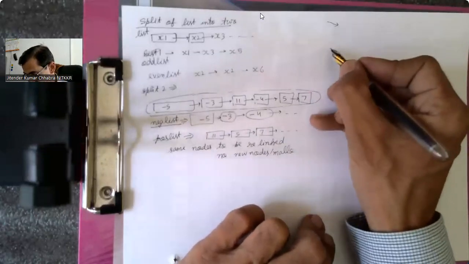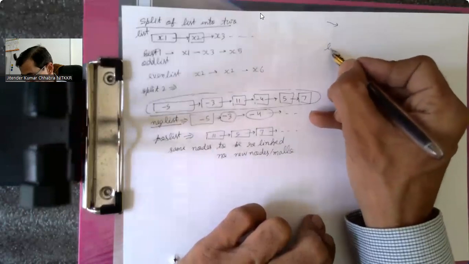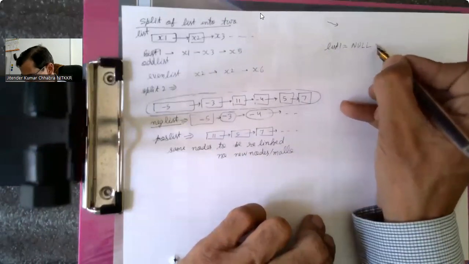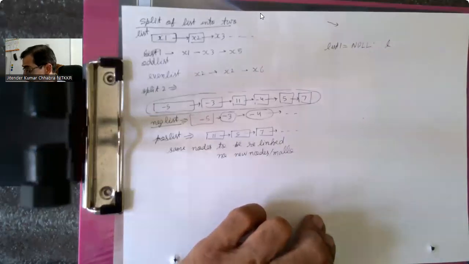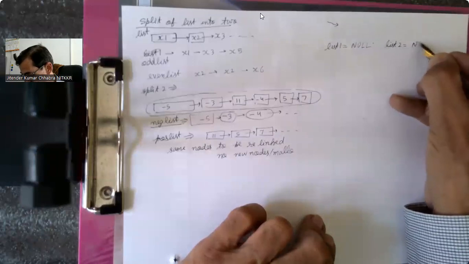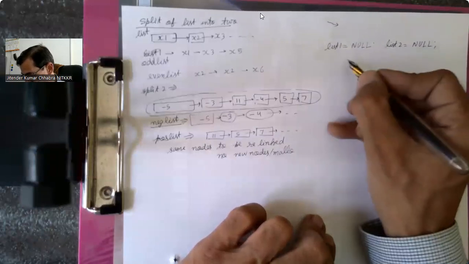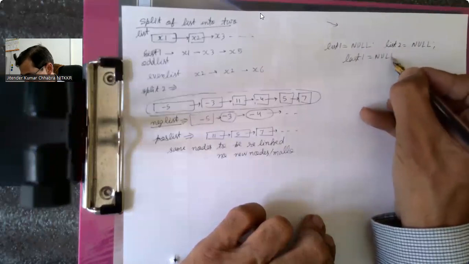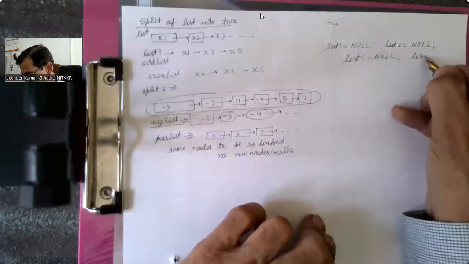I will say, initially I will have list 1 to be null, list 2 to be null, and I can have last one to be null and last two to be null.